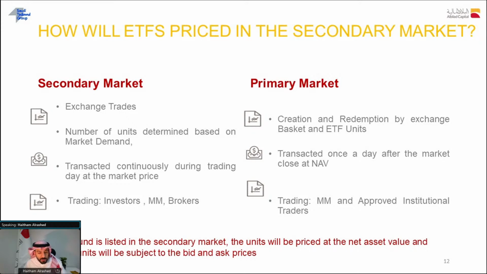But there are two different prices: the trading price, which is the first one, and the reference price, which is the NAV, the net asset value per unit. That is published and available every 15 seconds on the website of the exchange and the website of the fund manager. We'll be speaking later about where investors can find this information.